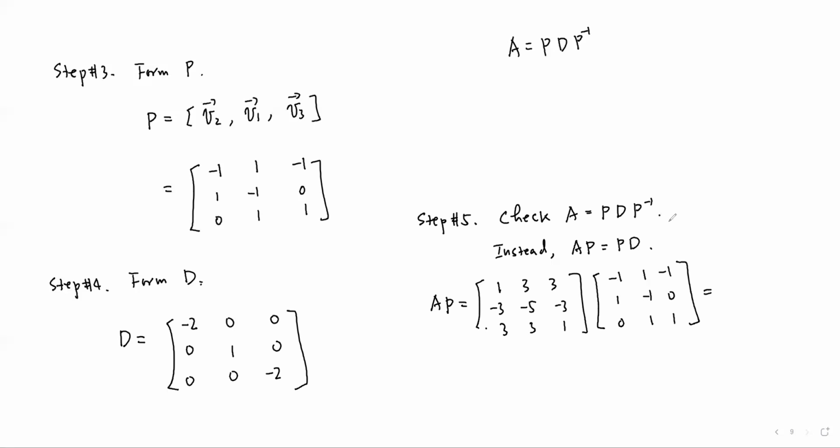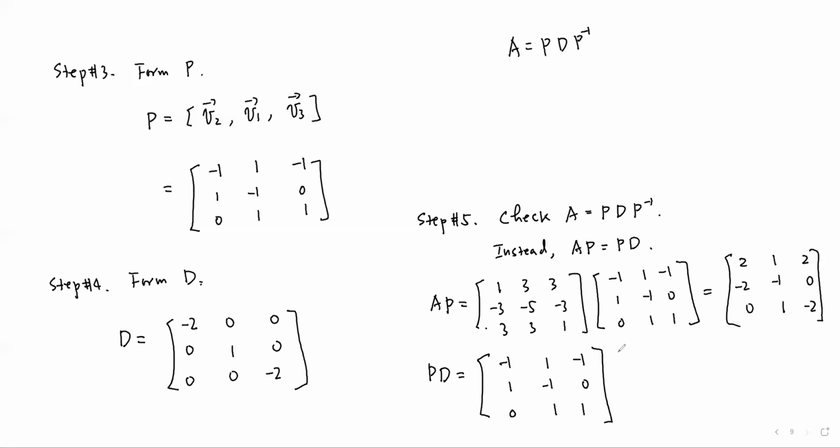Then I get 2, 1, 2. This is A times P. Now P times D. This is P, and D is here.